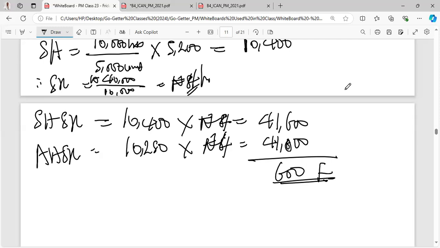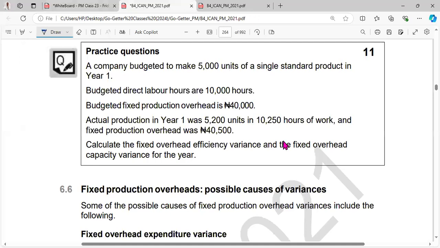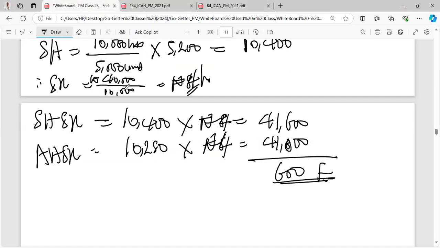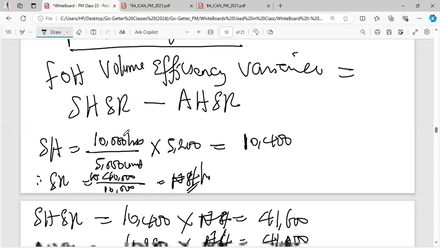All right, so what we just calculated now is the efficiency variance. What's the next one to calculate?